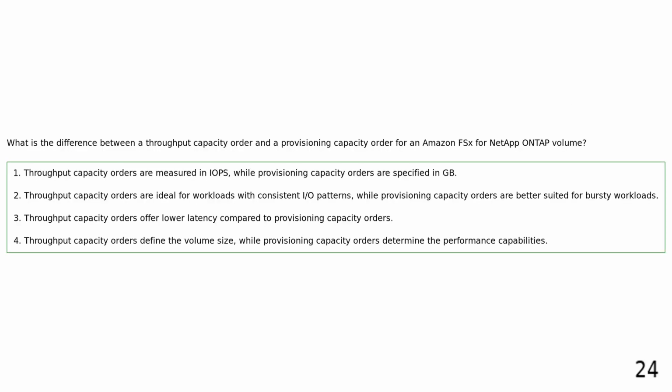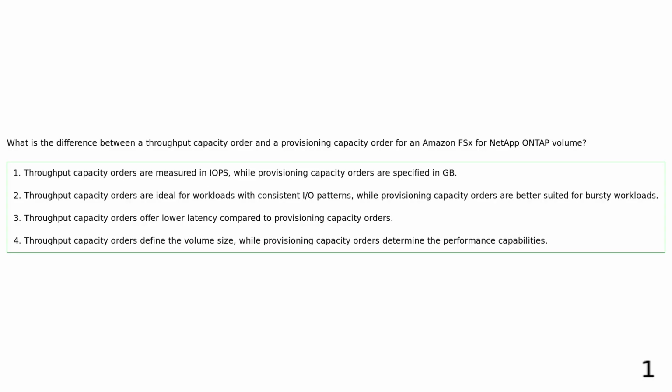What is the difference between a throughput capacity order and a provisioning capacity order for an Amazon FSx for NetApp ONTAP volume? Throughput capacity orders are measured in IOPS, while provisioning capacity orders are specified in GB. Throughput capacity orders are ideal for workloads with consistent I/O patterns, while provisioning capacity orders are better suited for bursty workloads.